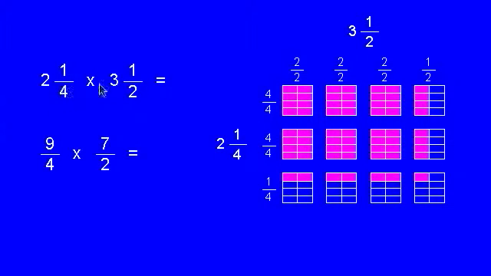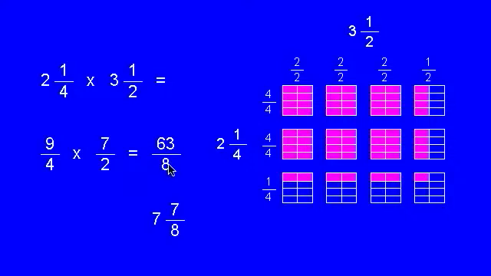2 rows, each becomes fourths of a row, plus we have a 9th fourth of a row here. So we have 9 rows, 4, 8, 9, of 7 each, 2, 4, 6, 7. And that's 63 pieces, and they're all the same size eighths, because the wholes were cut into halves, then fourths.